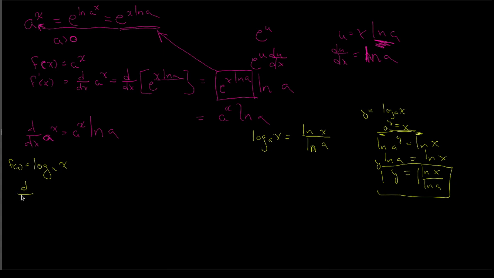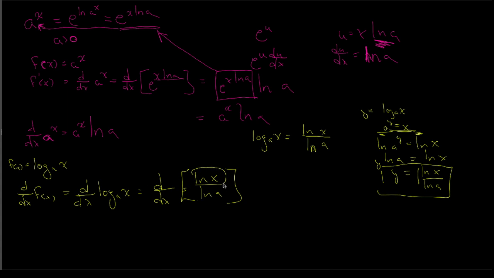So if we want to find the derivative of f of x, the derivative of log base a of x, that's the same as finding the derivative of the natural log of x over the natural log of a. Notice x is the only thing here that has x in it, and ln a is a number.